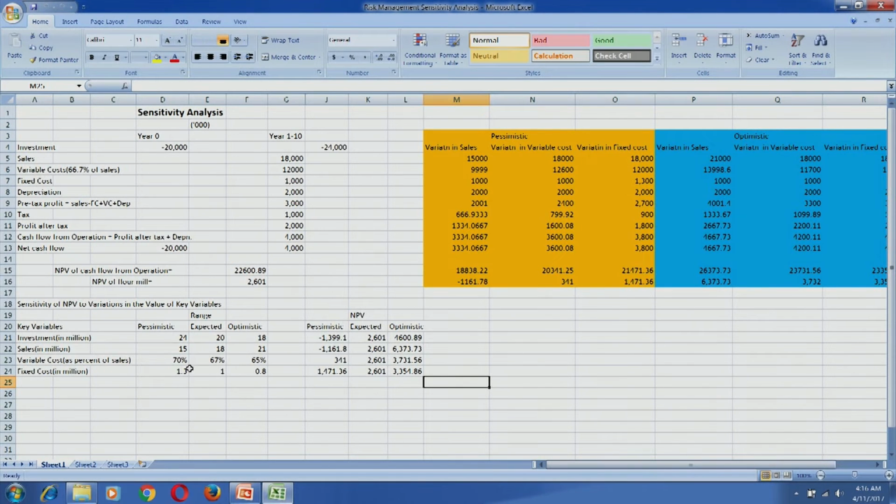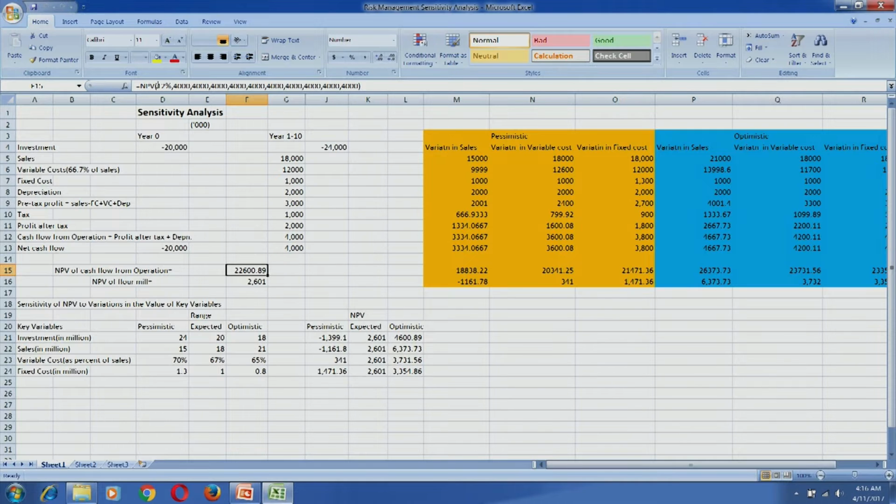So, this is our Excel sheet and this is our question, right. As I said, investment 20,000, sales 18,000, pre-tax profit is 3,000. So, this is pre-tax profit, okay, and NPV is this.